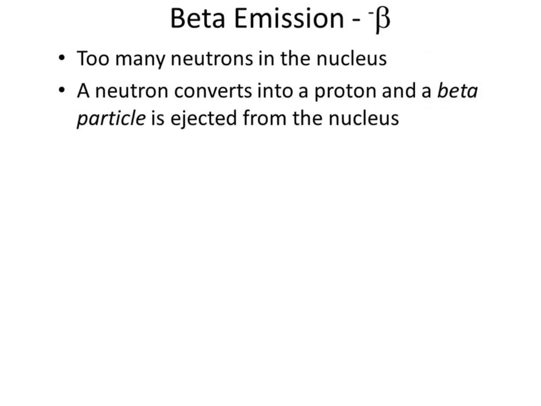In a beta decay, you have too many neutrons in the nucleus, and a neutron converts into a proton and emits a beta particle. A beta particle is basically an electron with a -1 charge. To illustrate what is occurring, I'm going to use fluorine 20, and has atomic number of 9.